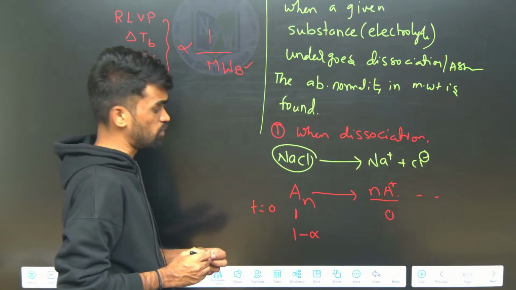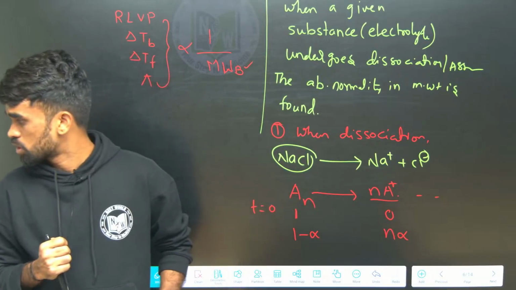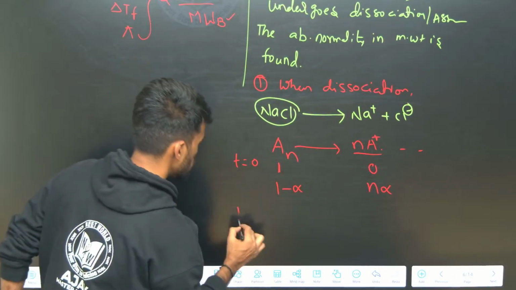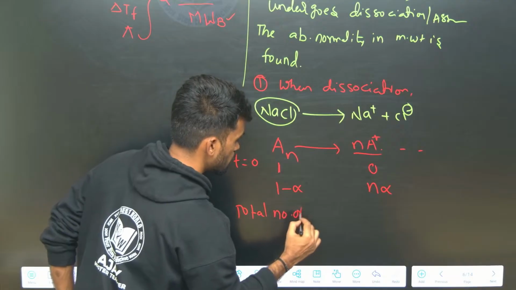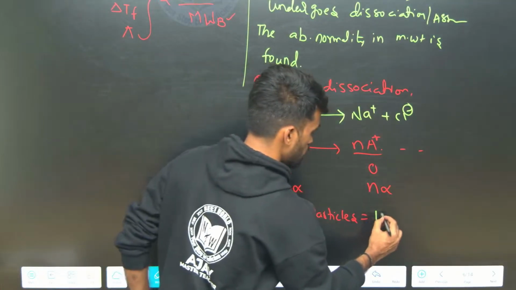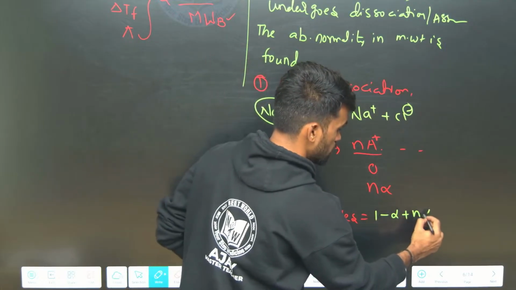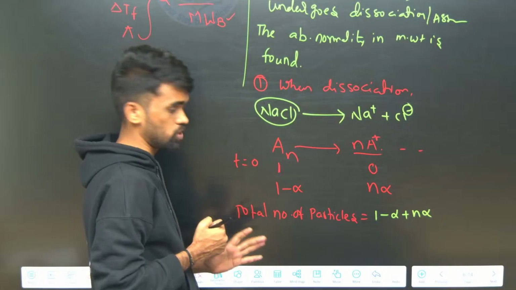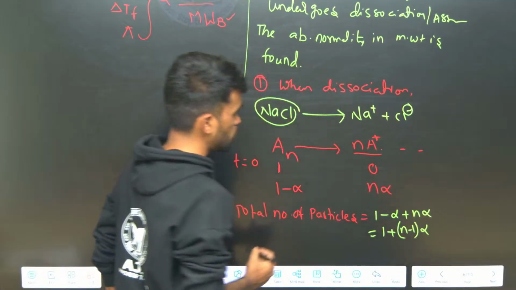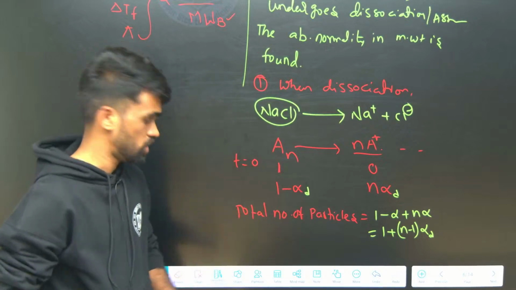Let alpha be the degree of dissociation, and we get n alpha ions from this electrolyte. So the total number of particles after dissociation is 1 minus alpha plus n alpha, which I can write as 1 plus (n minus 1) alpha. Since we are talking about dissociation, let us indicate it with alpha d. These are the number of particles after dissociation.